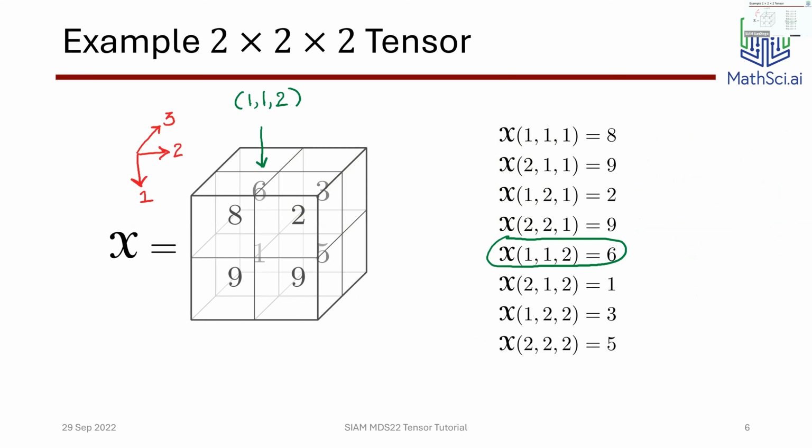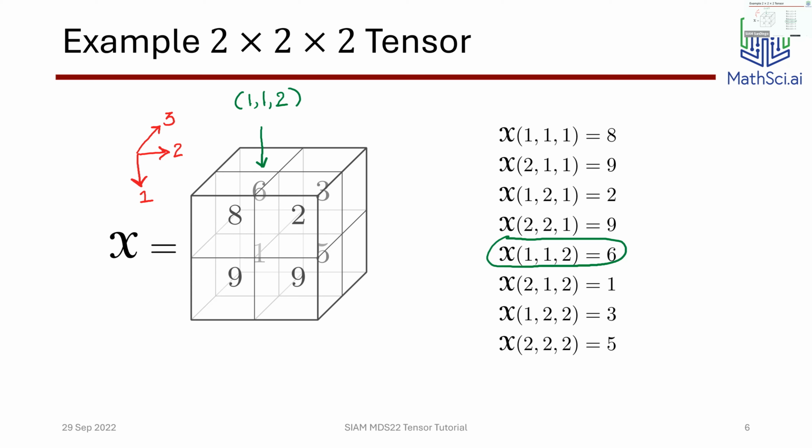Just to ground things, here's a 2 by 2 by 2 tensor, and it's indexed by 3 values, like an I, J, K indexing. The I index goes up and down. So the first index is up and down. The second index is left and right. The third index is into the board.